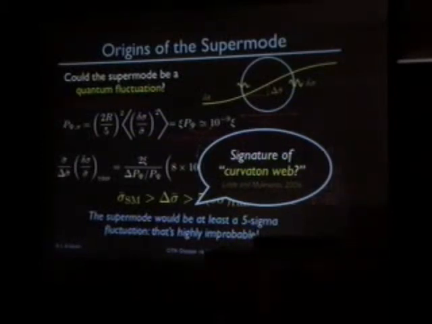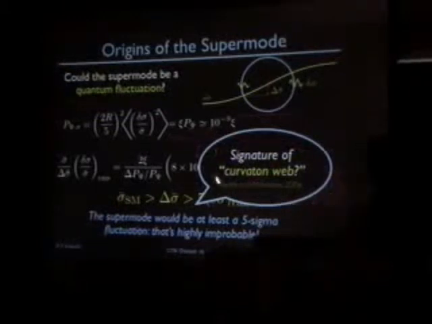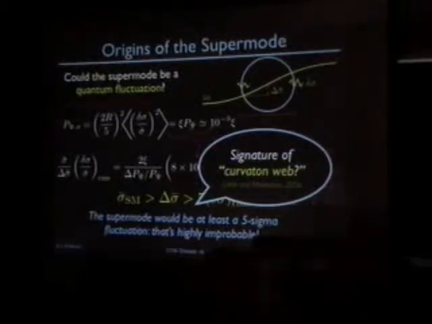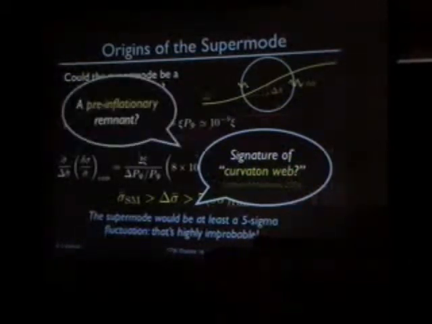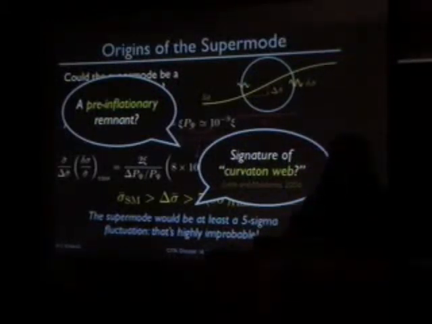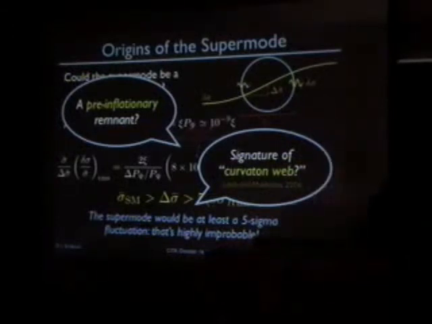I don't know if they weren't aware of the observed asymmetry or they didn't want to mention it. But it is a mechanism for generating the asymmetry that we've seen, and with all the constraints I've shown you, it does actually work. If we don't want it to be a signature of the Curvaton web, then it could just be a pre-inflationary remnant that was outside of the horizon before inflation.